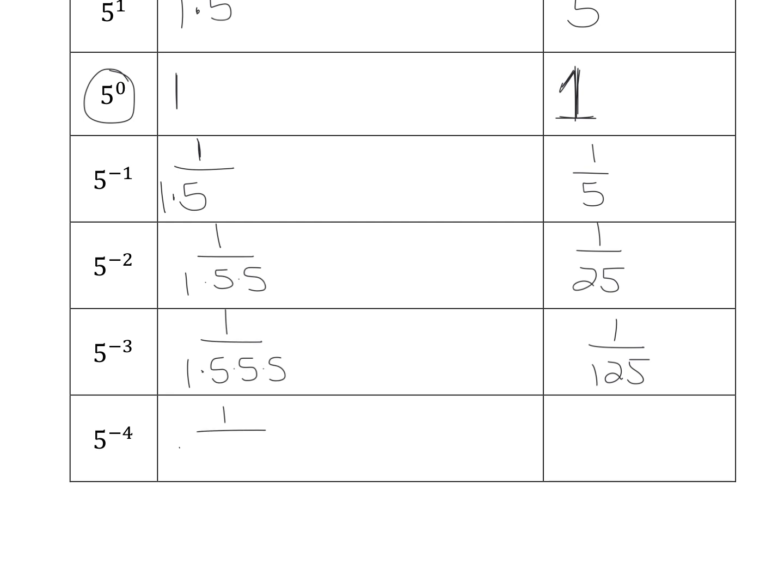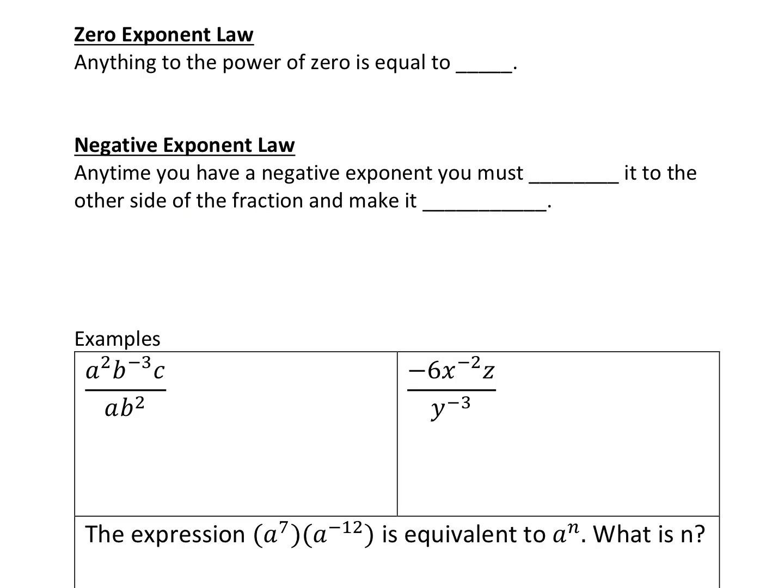And then 1 over 1 times 5 times 5 times 5 times 5 is 1 over that 625. On the front there, right? This is technically 5 to the negative 4 over 1, and we flipped that to the bottom. We flipped this negative 3 down to the bottom, and notice we have a positive number there.